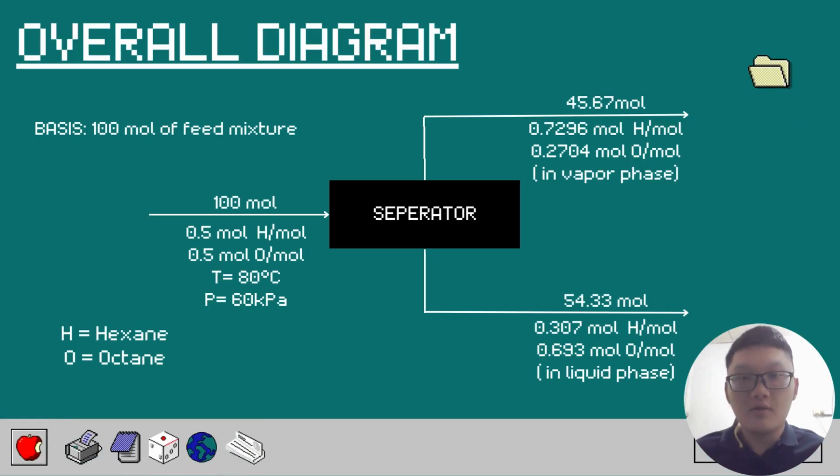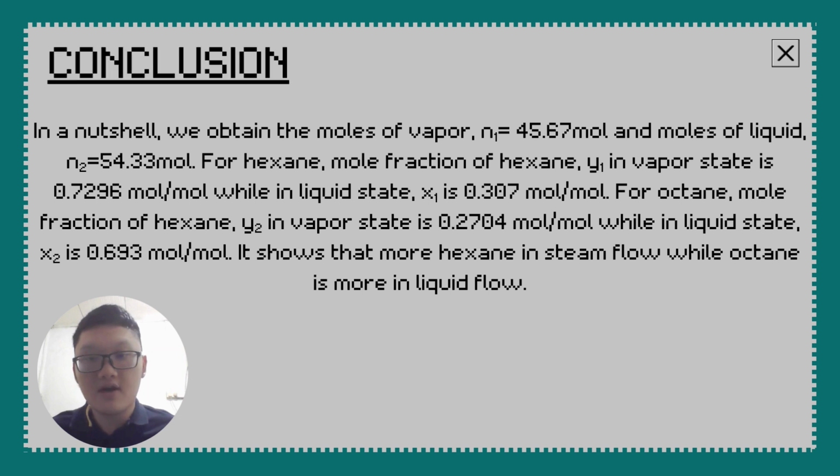Hence, we get the overall diagram, which is shown on this slide. In a nutshell, we obtain the moles of vapor N1 equal to 45.67 mole and the moles of liquid N2 equal to 54.33 mole. For hexane, the mole fraction Y1, in vapor state, is 0.7296 mole per mole, while in liquid state, X1 is 0.307 mole per mole.